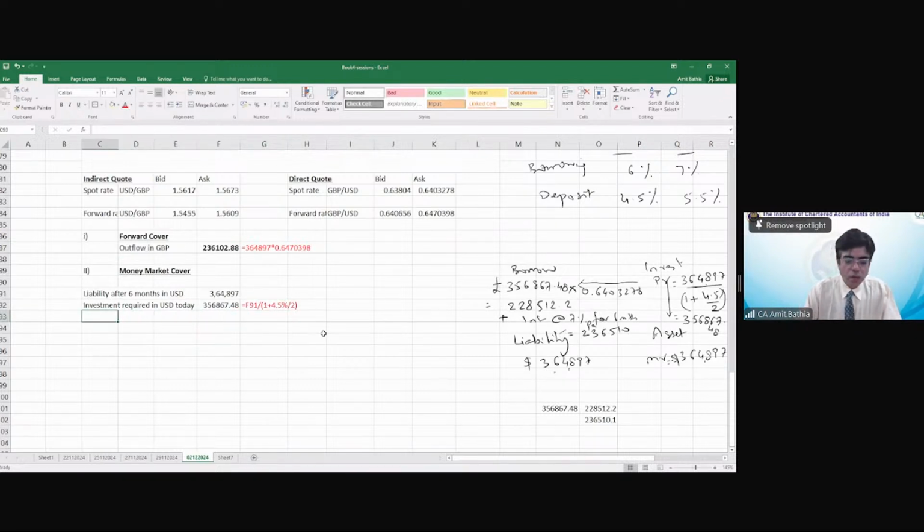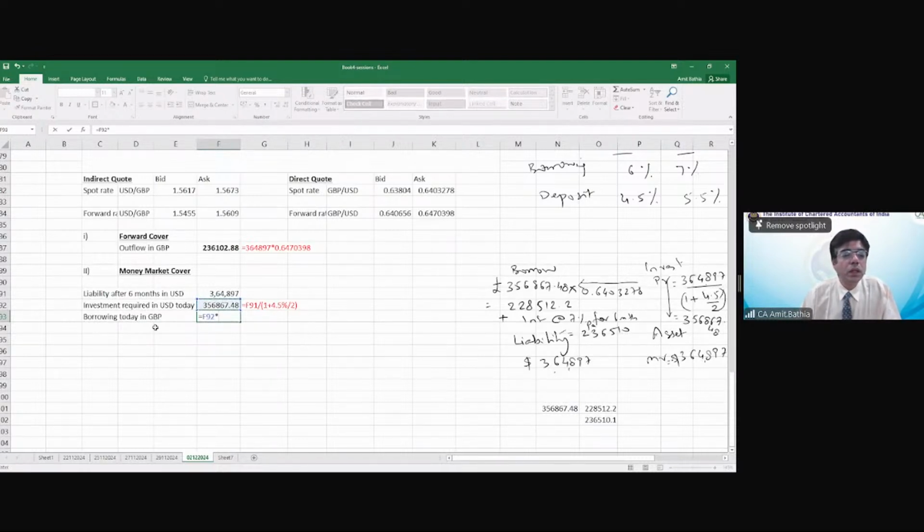Now, how much do I borrow? Borrowing today, GBP per dollar asset. How much will that be? 356,867 into, what is the rate?